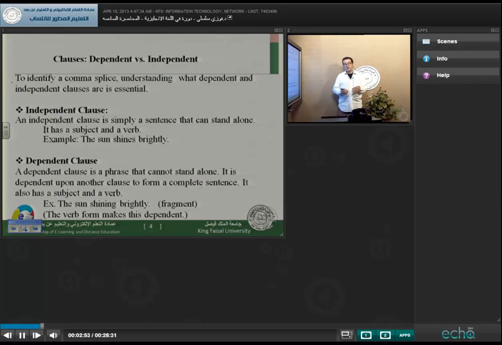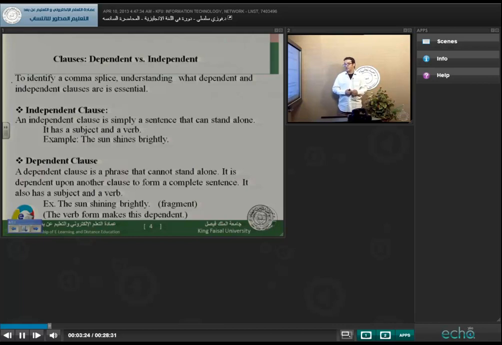Now, what is a dependent clause? A dependent clause is a phrase that cannot stand alone. You can't just put a full stop there and have it become an independent unit of sense. It needs something extra to make sense. It is dependent upon another clause to form a complete sentence.